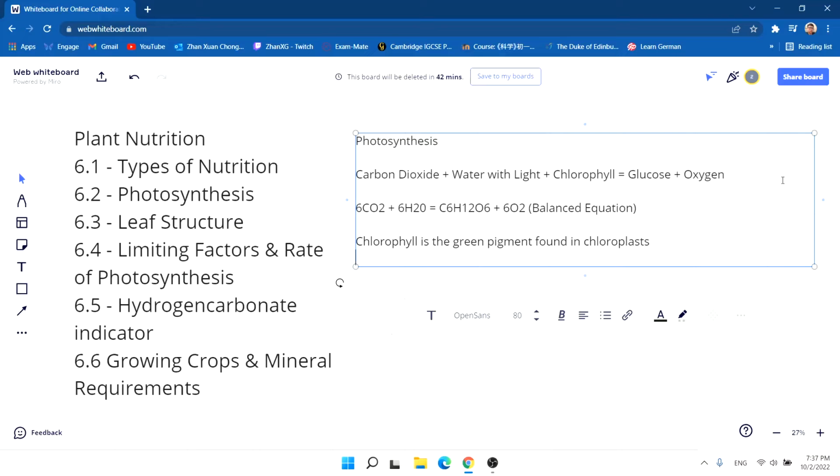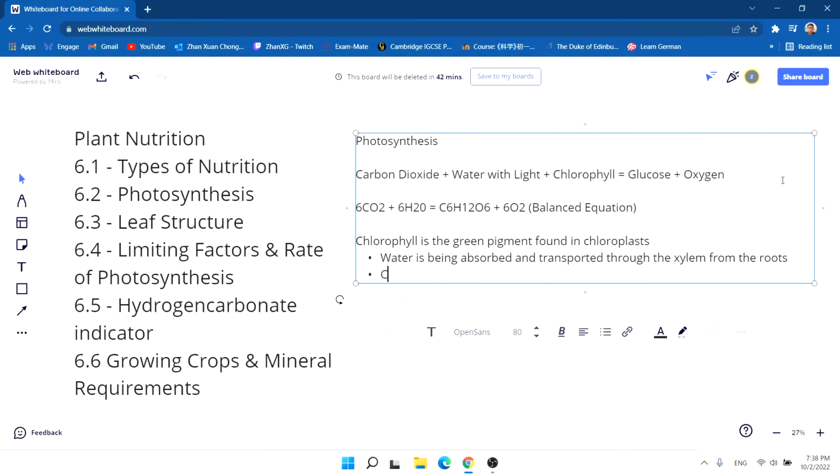So water is being absorbed and transported through the xylem from the roots. Secondly, carbon dioxide diffuses into the leaf through the stomata.